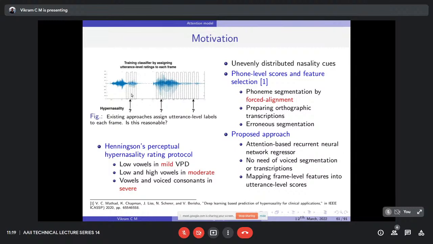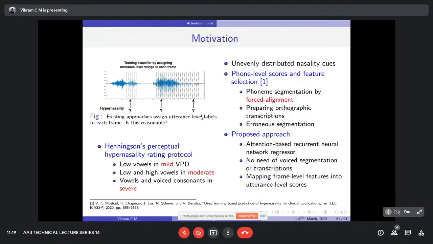In the conventional approach, we extract the frame-level features, each frame-level feature is trained using the utterance-level label, and finally the frame-level scores are averaged to get the sentence or utterance-level score. This is the conventional work in clinical speech research.